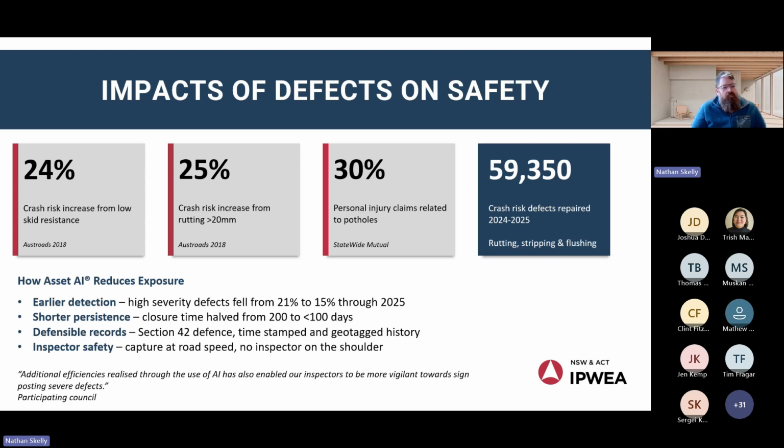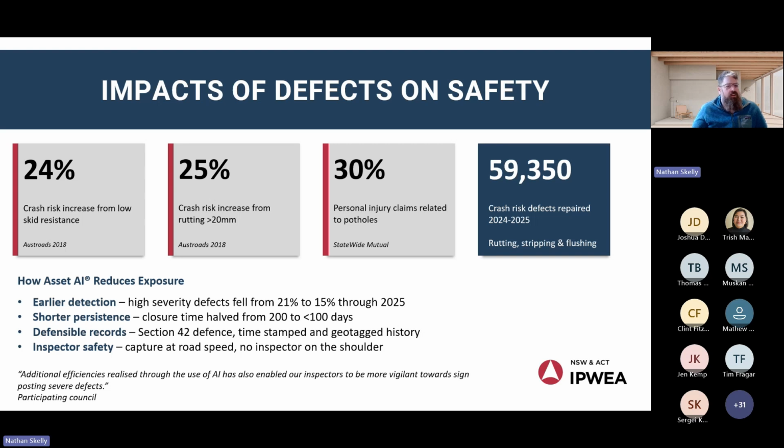Statewide Mutual have personal injury claims and property claims related to potholes as 30% of their total claims in any given year. It's a big issue across the state, and there's not a lot of information around how that works and what the impact is. Looking at those defect types, as I said before, about 60,000 have been repaired in the 24 months of this data.